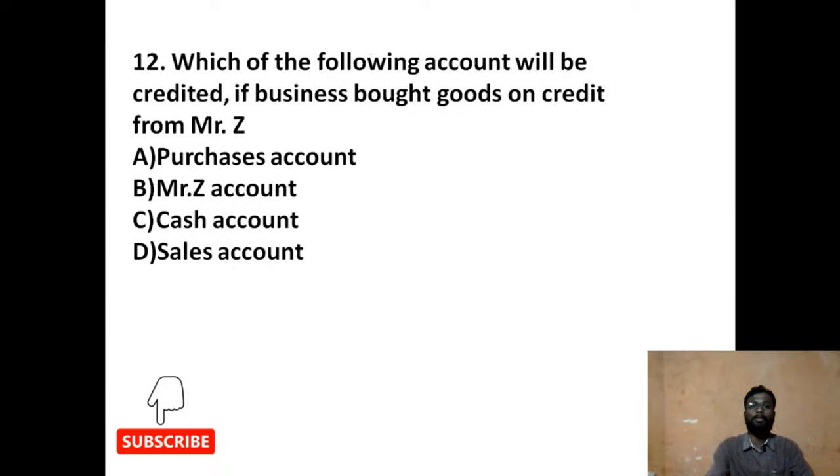Which of the following accounts will be created if the business bought goods on credit from Mr. Z? What is the journal entry?